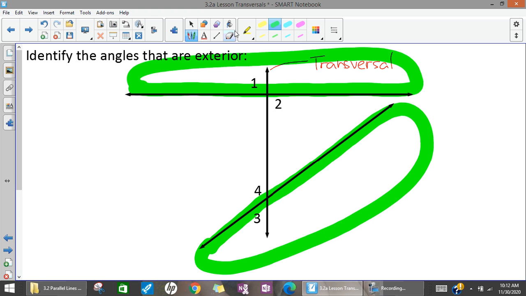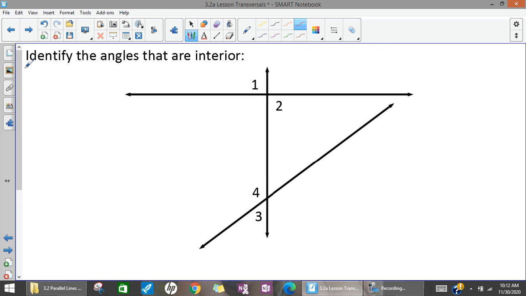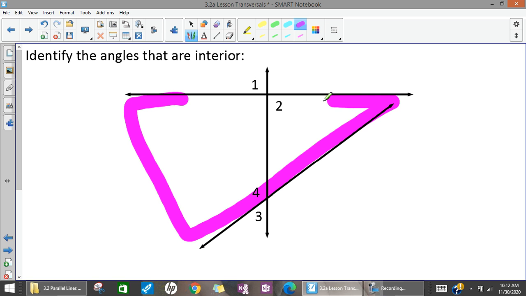So my exterior angles are angle 1 and angle 3. They're outside of the two lines that are intersected by the transversal. Here I'm looking for interior. Interior is between my two lines that are intersected by my transversal. And so my interior angles are angle 2 and angle 4.